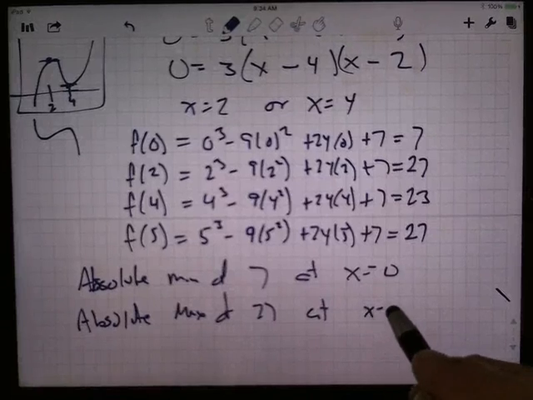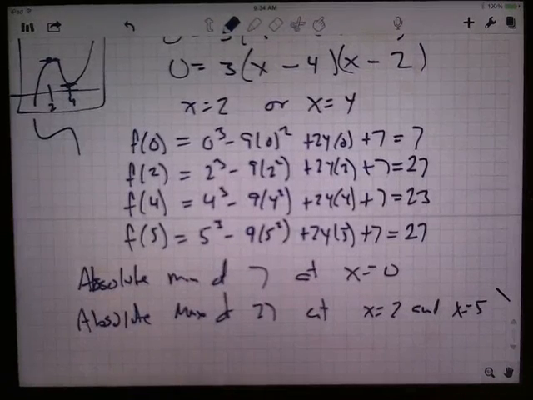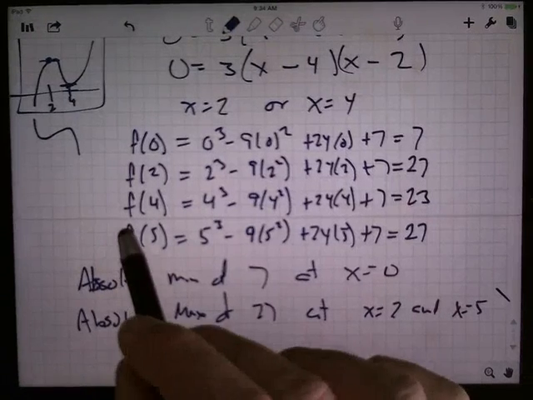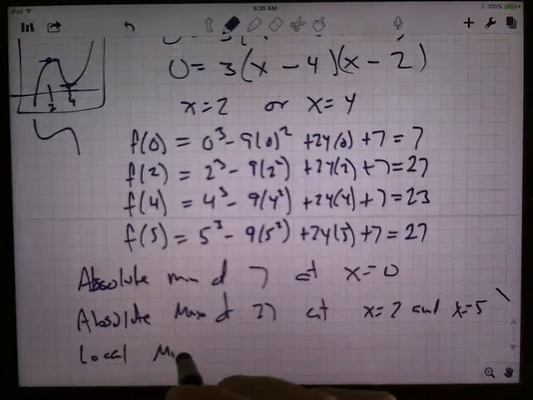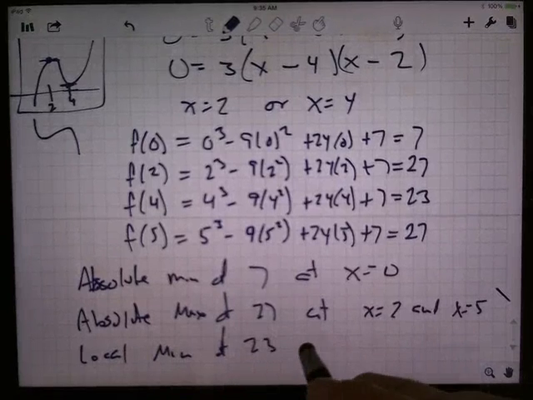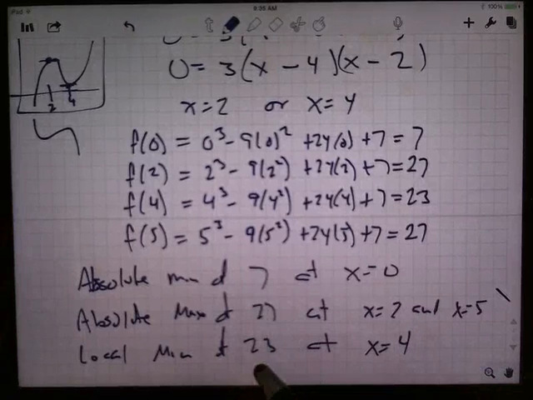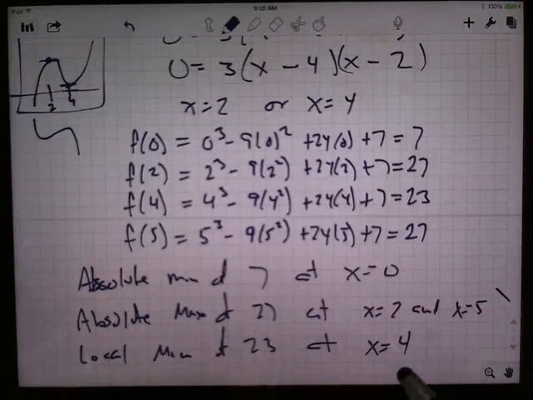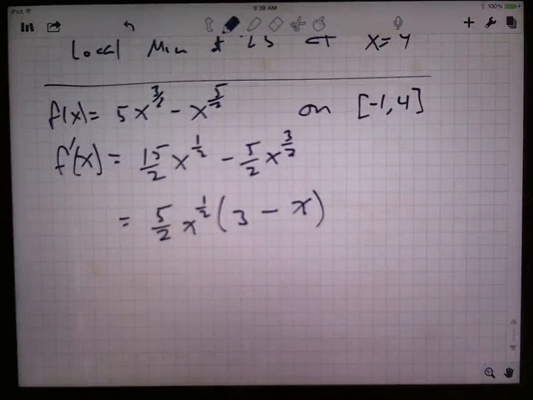I have it at x equals 2 and x equals 5. That's okay. You can have the absolute max in several places. And this 23 must be a local min of 23 at x equals 4, right? Notice how I distinguish between the function value, the maximum or minimum function value, and where it happens. All right, I think we need to do another example, but let's do it in the next video.